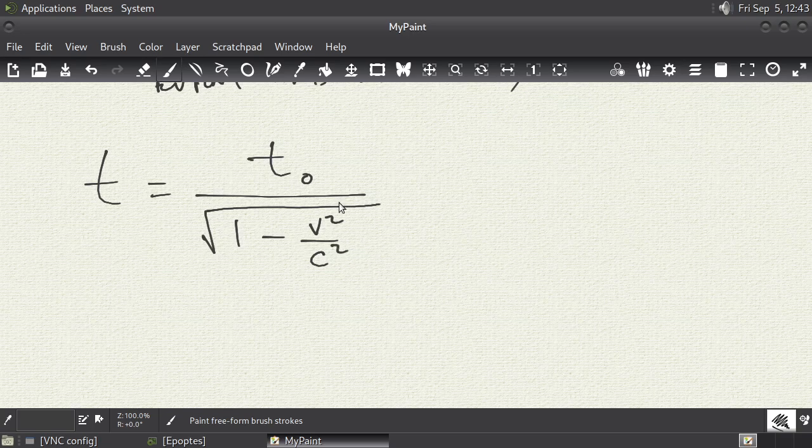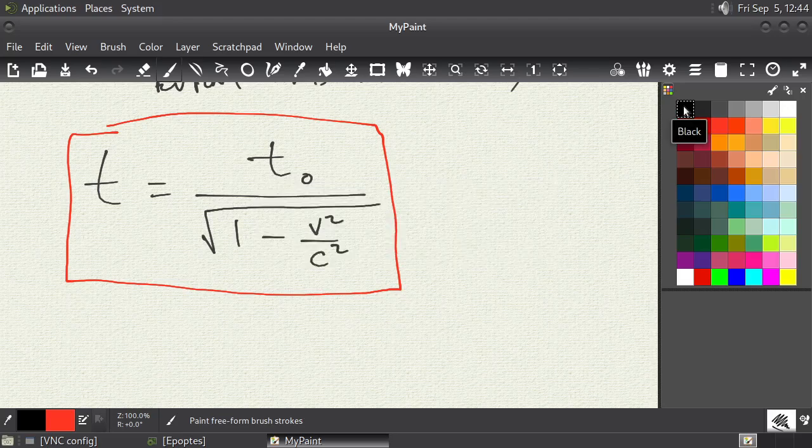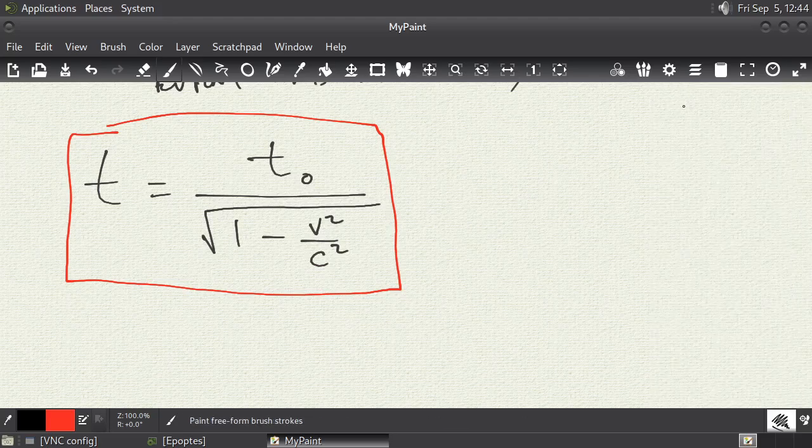So this is the time dilation equation. First, let's state a relationship: dilated time is greater than time measured at rest.